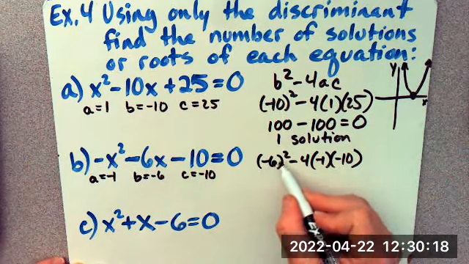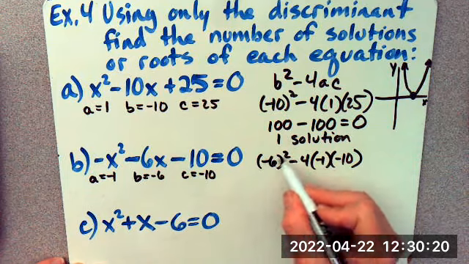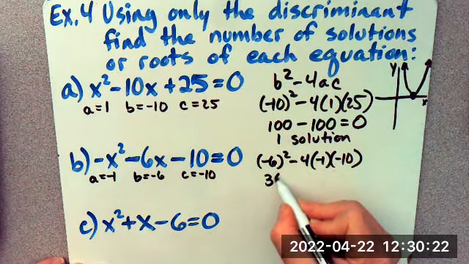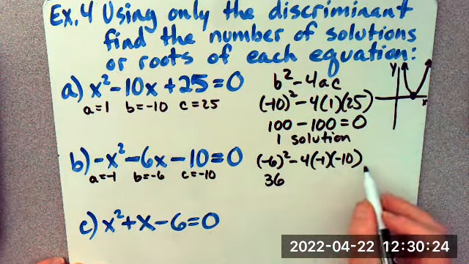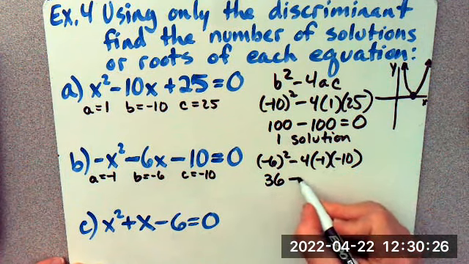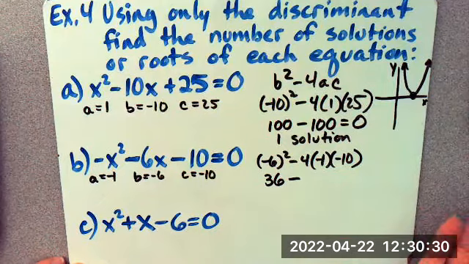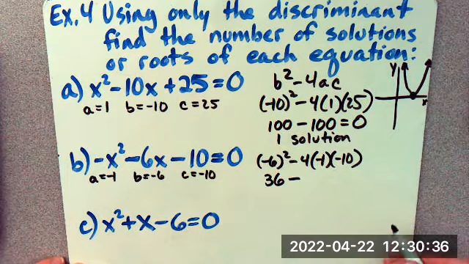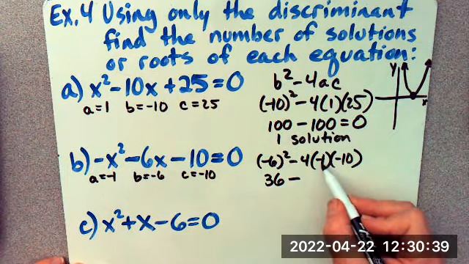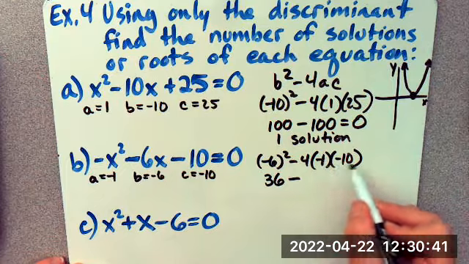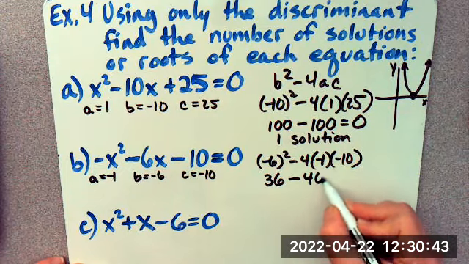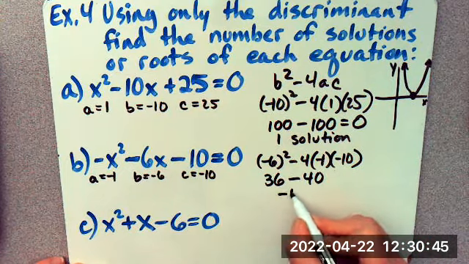So -6 times -6, which is -6 squared, is 36. I have 3 negatives, so that's going to remain negative. If you ever have an odd number of negatives multiplying, it's negative. If it's an even number of negatives, it's a positive. So 4 times 1 is 4. 4 times 10 is 40. So we get a -4.